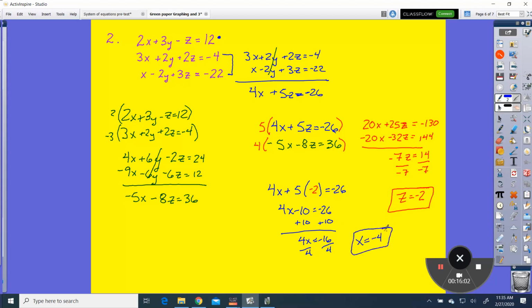So now I need to find out what y equals. So to do that, I plug it into one of these purple equations. It does not matter which one. You pick any purple one you want. So I'm going to pick the top one.